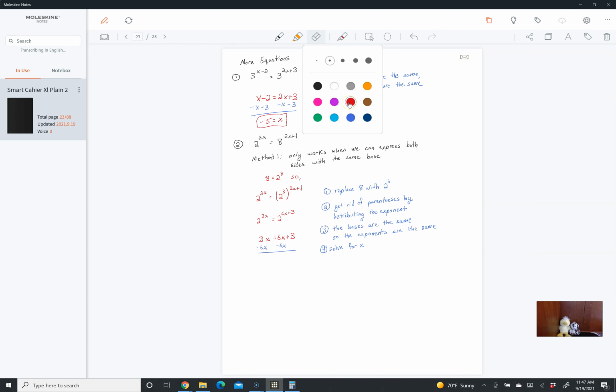We get negative 3x equals 3. And we can just divide both sides by negative 3. So x equals negative 1.